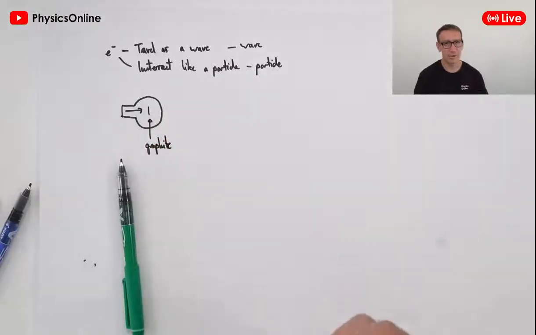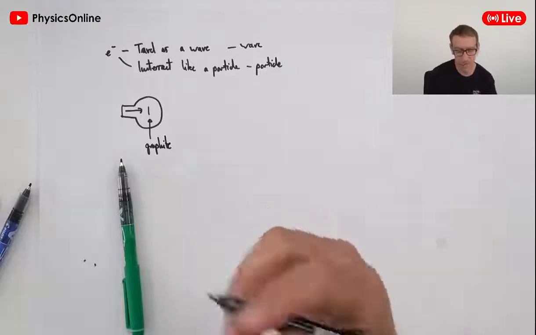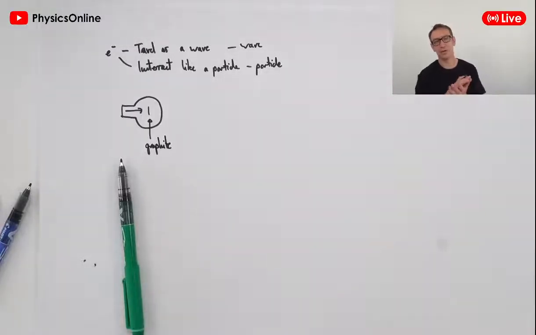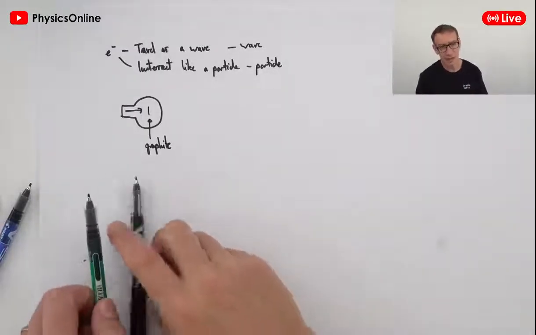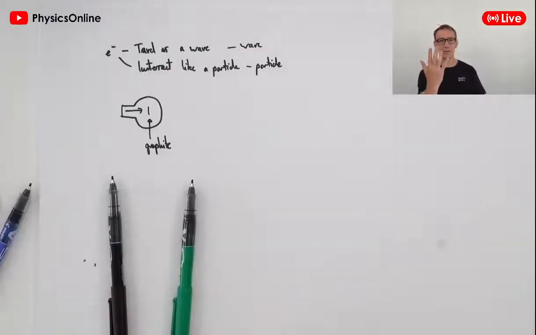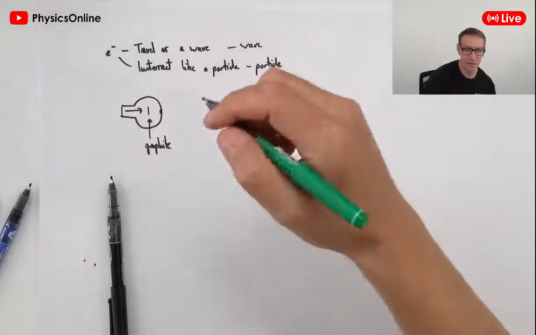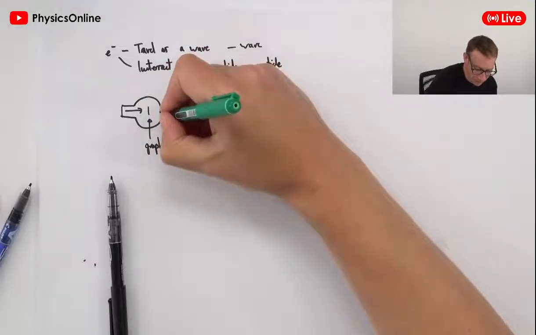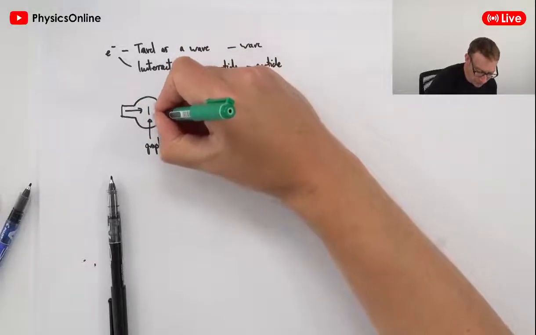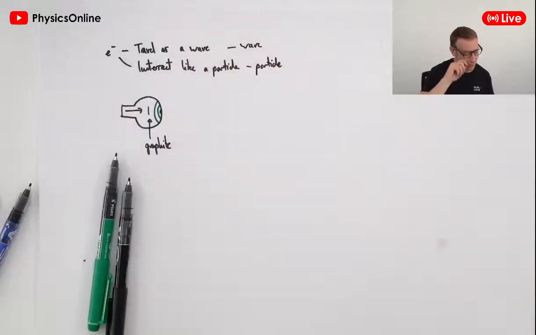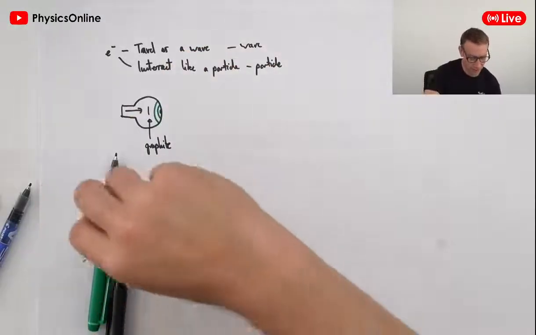Because the thin piece of graphite has a crystalline structure, like you remember from GCSE chemistry, with these regular layers, it acts like a diffraction grating, but it diffracts this way and this way and this way. It's like a 360 degrees diffraction grating, so rather than just a central maxima, we see a central bright ring, and then rings around it. This is electron diffraction.